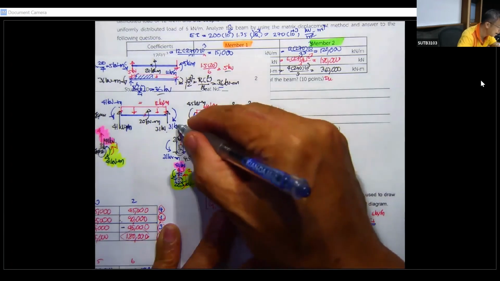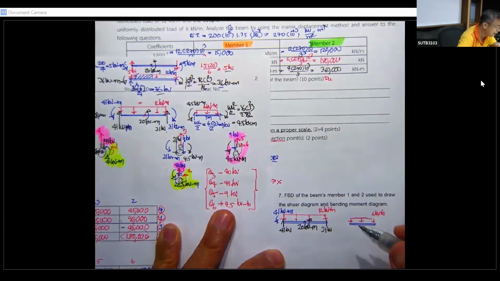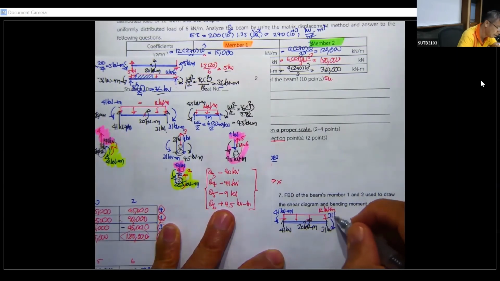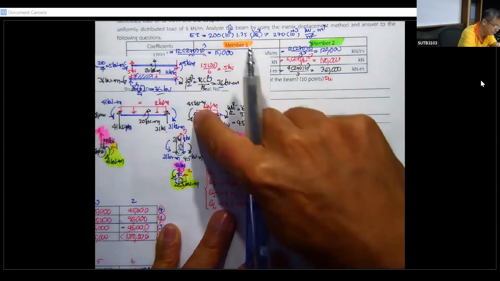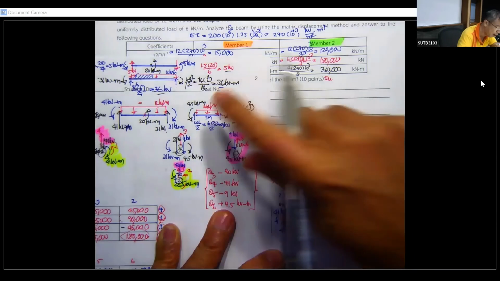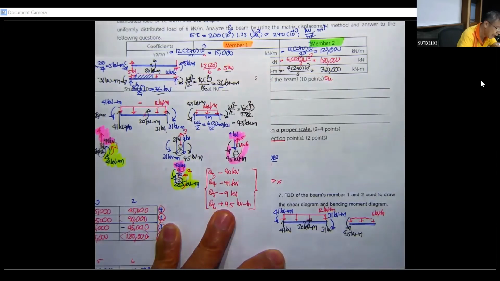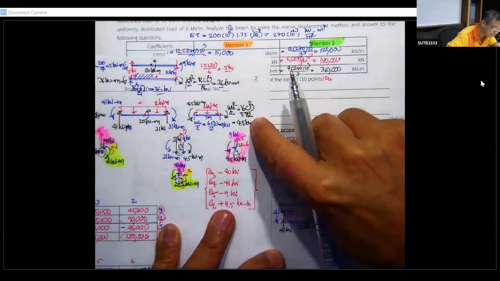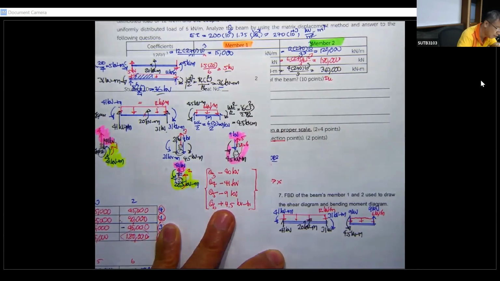In combination, this one is 31 kilonewton meter, 31 kilonewton meter, and then 4.5 kilonewton meter. Then you have this one for 9 kilonewton, and this one also 9 kilonewton. And don't forget about this 4.5 kilonewton meter again.